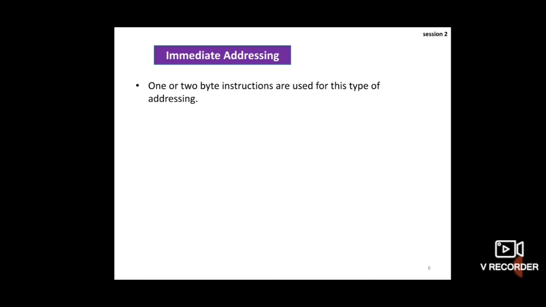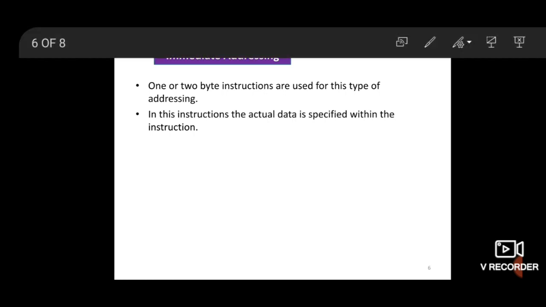If 1 byte, the instruction has opcode and operand both, like MOV A, B, which does not specify data or address. 2 byte instruction means 8-bit data is specified in the instruction. So immediate addressing instructions are either 1 or 2 byte instructions. In this instruction, the actual data is specified within the instruction. See, this word is very important. Actual data.